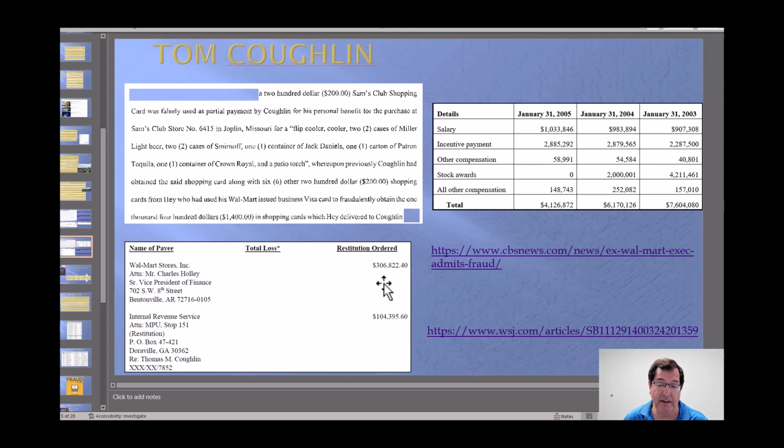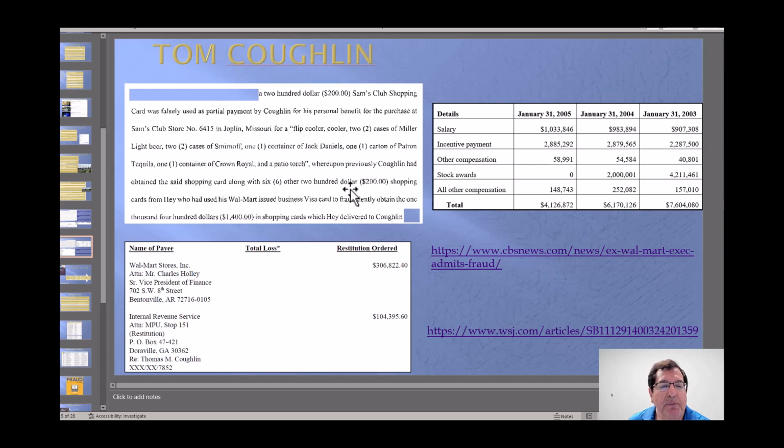And we can see from this, and you can also see the links over here, he didn't need the money. His earnings in the year before he was caught was $6.1 million, and he goes and steals approximately $30,000 per year. I'm not sure why.